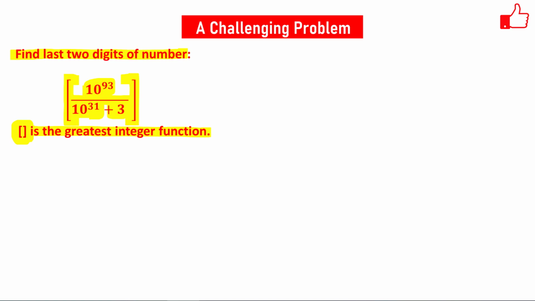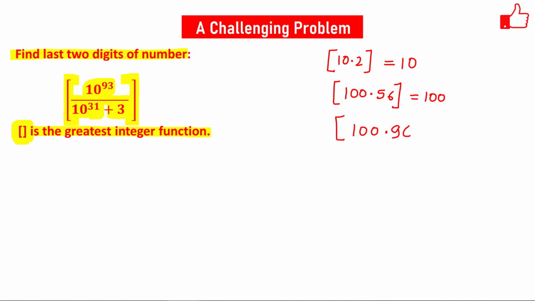So what is the greatest integer function? Just as a reference, if you have a number something like 10.2, the greatest integer function will be 10. Similarly, if you have 100.56, the greatest integer function will be 100. In fact, if you have 100.96, in this case also the greatest integer function will be 100.